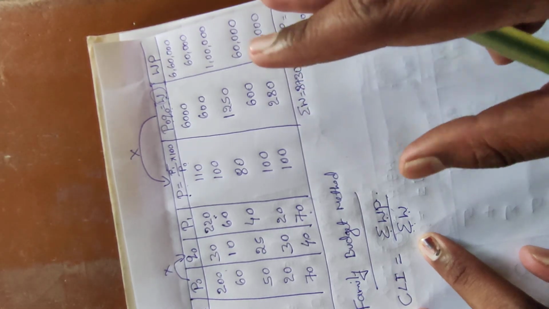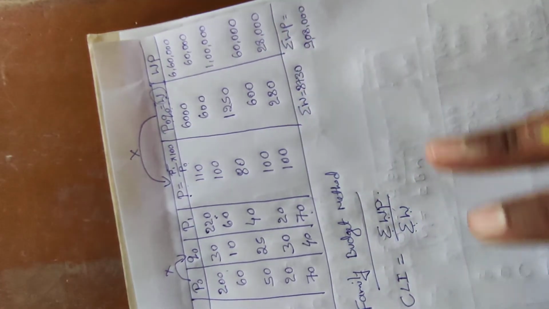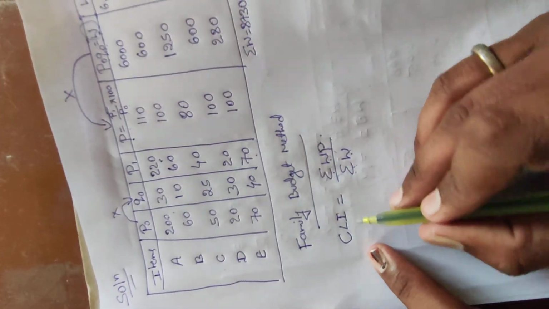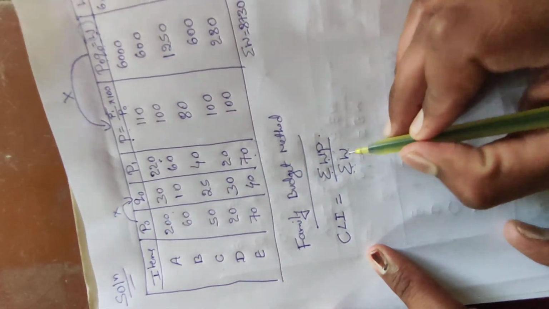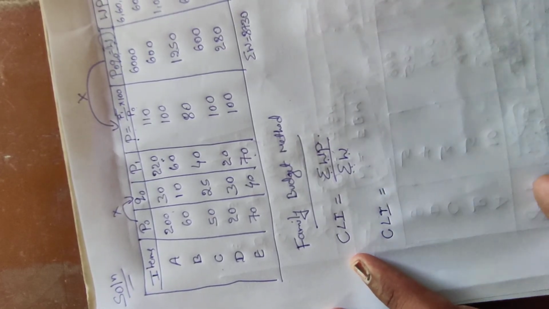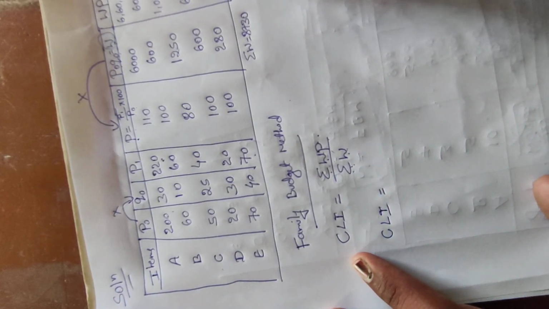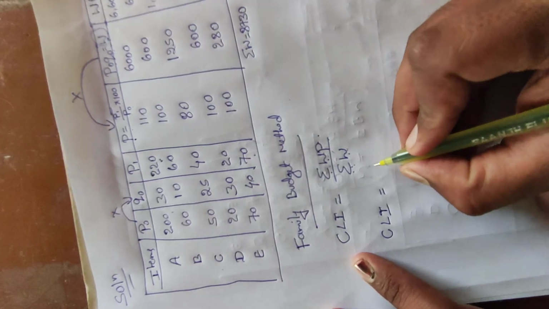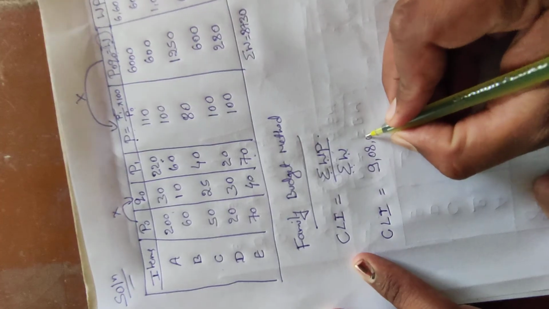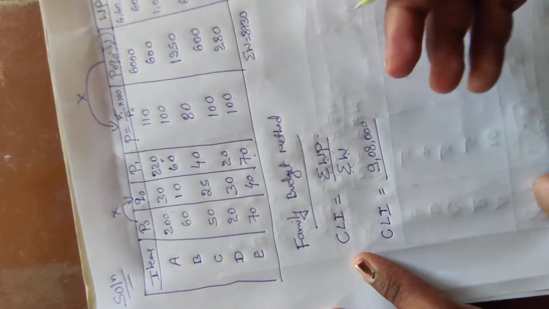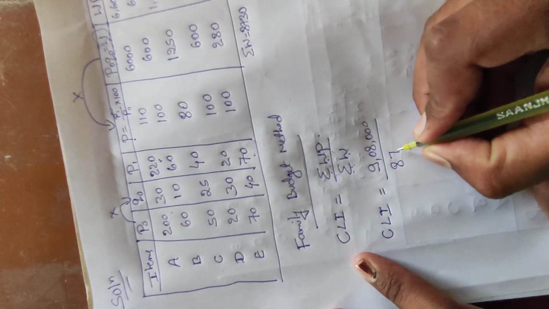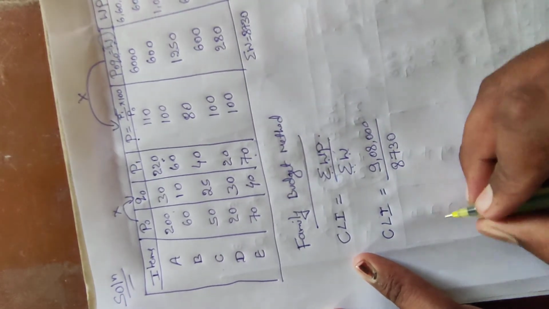After creating the table, we apply the formula. Family budget method formula is summation of WP divided by summation of W. CLI is equal to summation of WP, 9,08,000, divided by summation of W, 8730.